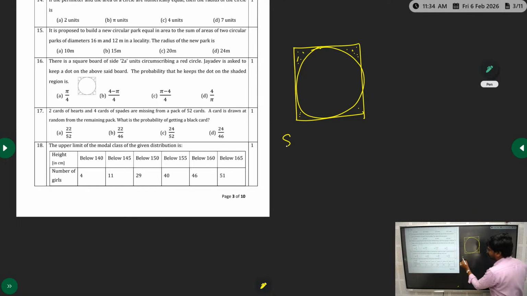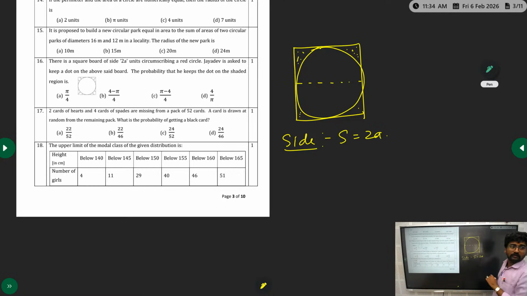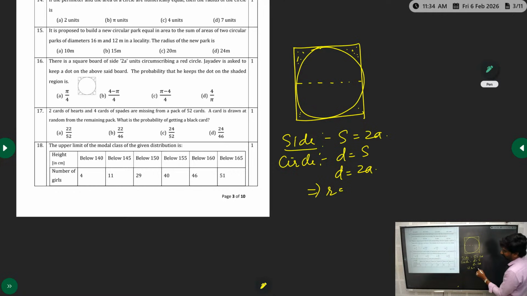So first, side of square S is equal to 2a. No doubt side and diameter both are equal to each other. So for circle diameter is equal to side, which is nothing but 2a. Then what is radius? Radius is a. 2a by 2 is a.